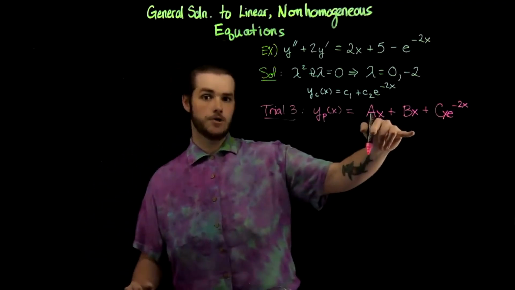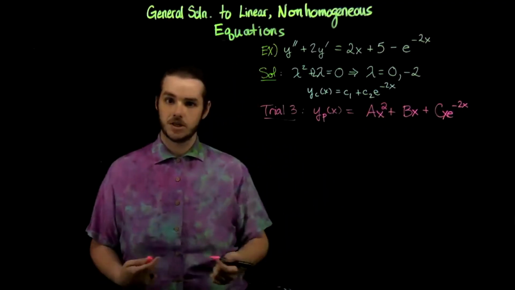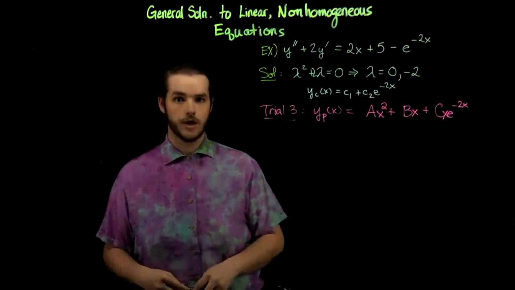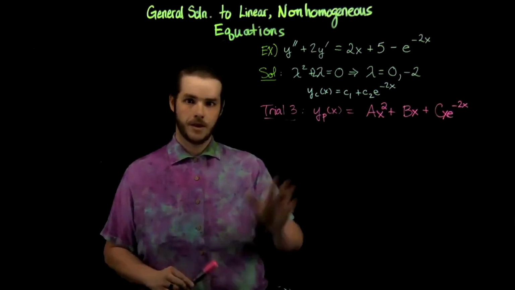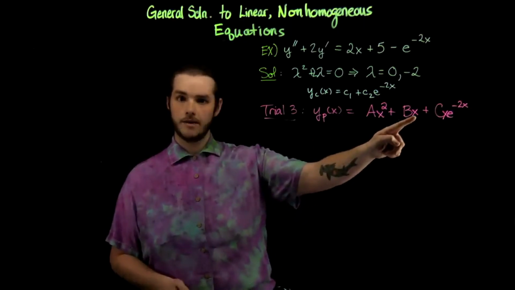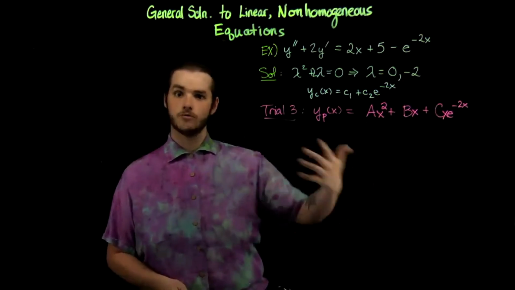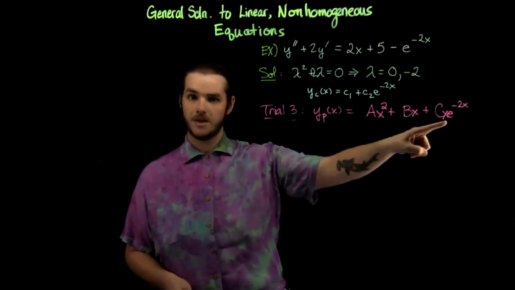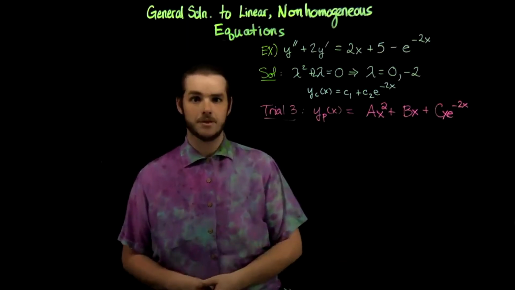So when I have a polynomial showing up, I need to apply that repetition trick on everything. The whole polynomial part of my trial goes up 1 degree. Now we know I should end up with a constant and a linear piece after repeating the information. I should end up with an exponential still after repeating the information. Let's take a look at what happens this time.